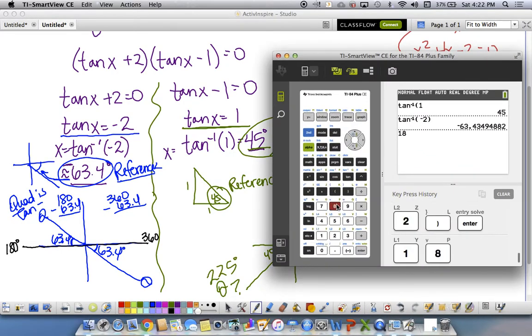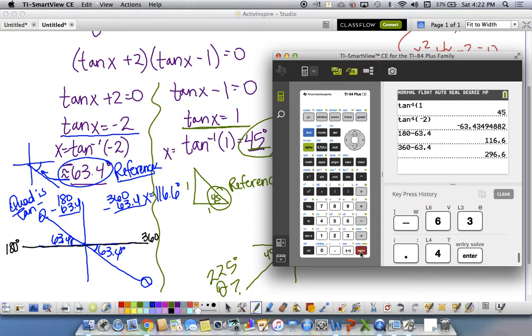So I need 180 minus 63.4. One of my answers is 116.6 degrees for x, and 360 minus 63.4 degrees, or 296.6 degrees. There are my other two answers.